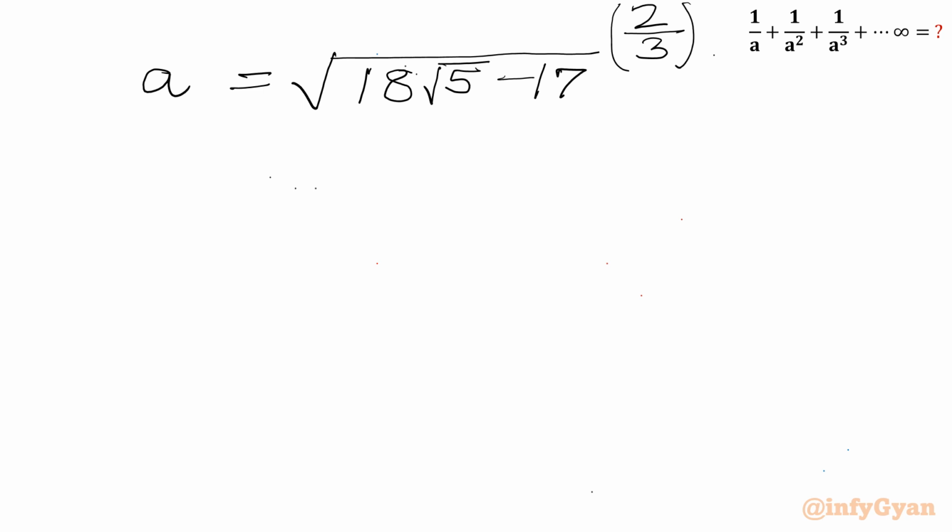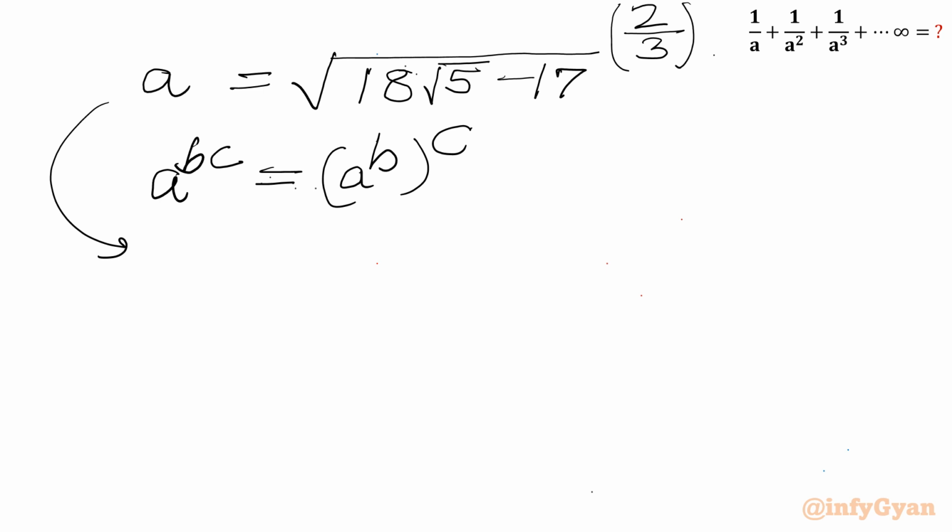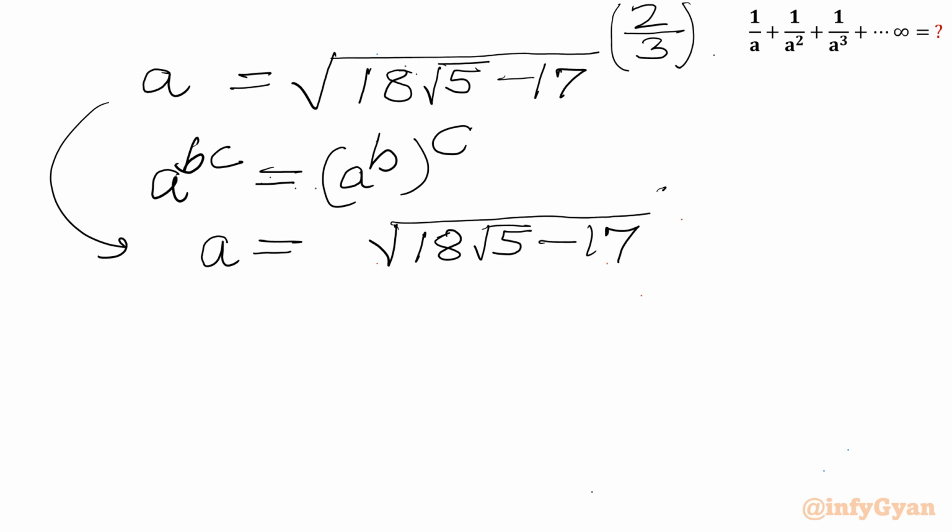Now I will use another exponent law which states that a power b times c, we can write a power b whole power c. So I can write a will become square root of 18 root 5 minus 17, power will be 2 and then whole power will be 1 over 3.